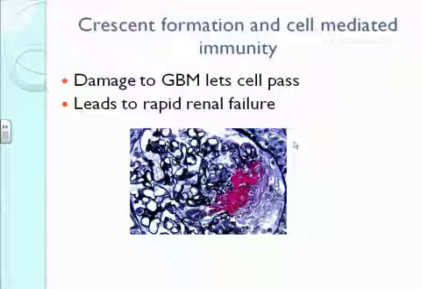That's really bad because that means they're starting to secrete very high amounts of neutrophilic enzymes that are destroying all the glomerular tuft. And if you wait too long, that tuft will be gone. It'll disappear. And you'll lose all renal function in that person. Okay, and that's why it's called the crescent formation.